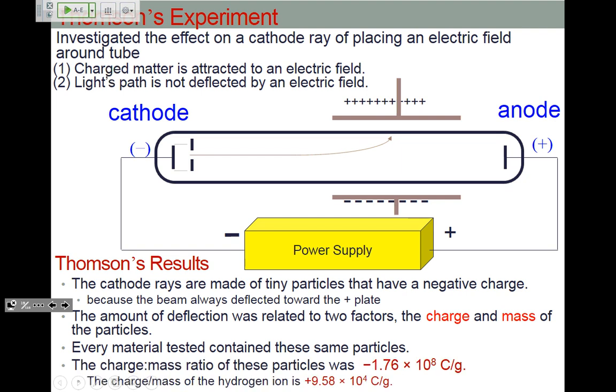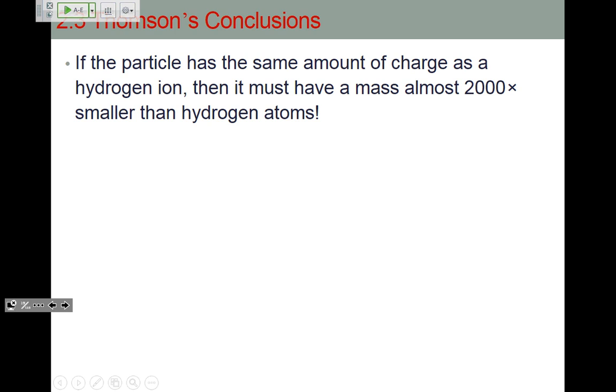And then he also found that the charge-to-mass ratio of these particles was negative 1.76 times 10 to the 8 coulombs per gram, that's the C. And it was known that the charge-mass ratio of the hydrogen ion is positive 9.58 times 10 to the 4 coulombs per gram. And again, you don't have to memorize this. This is just a comparison. I won't have you memorizing these things.